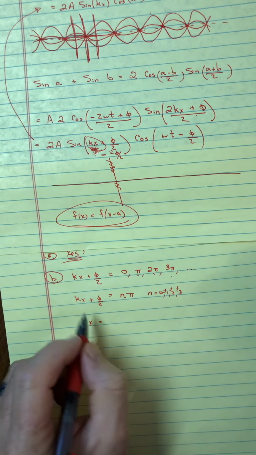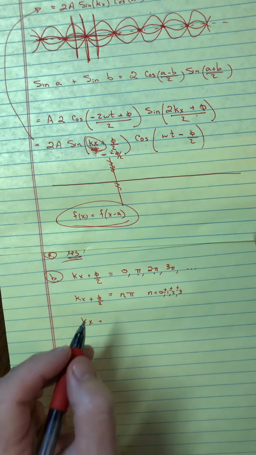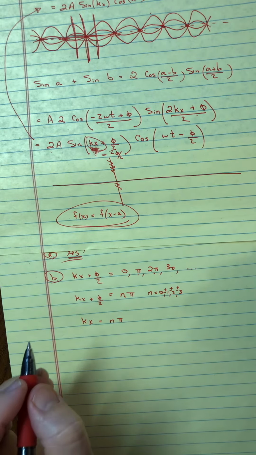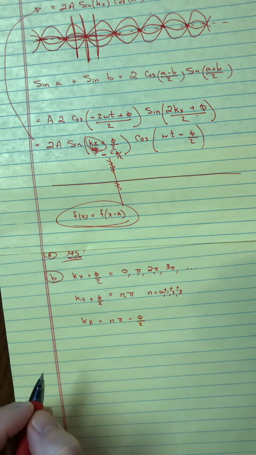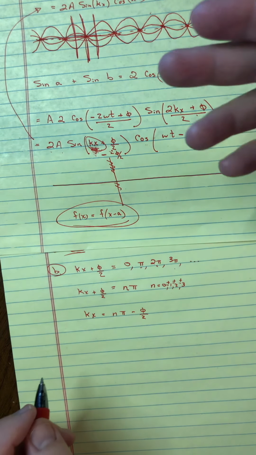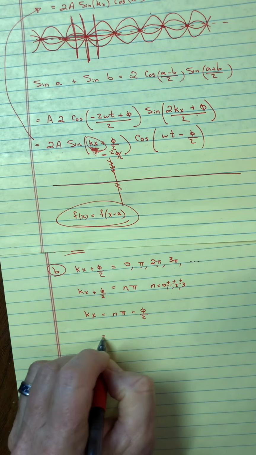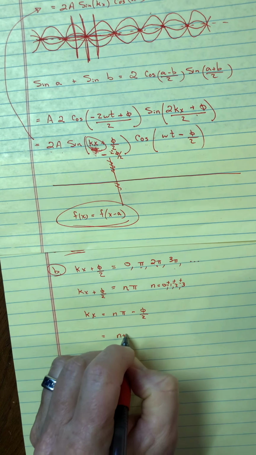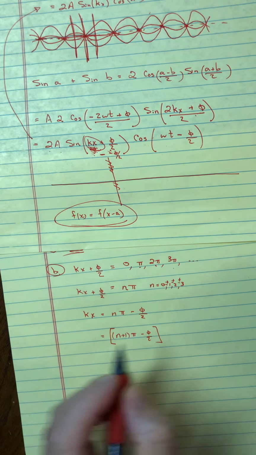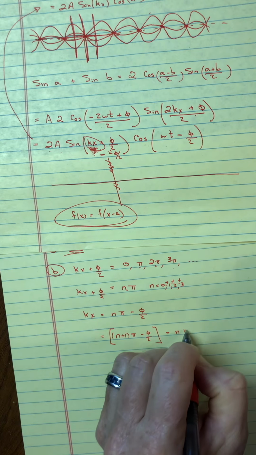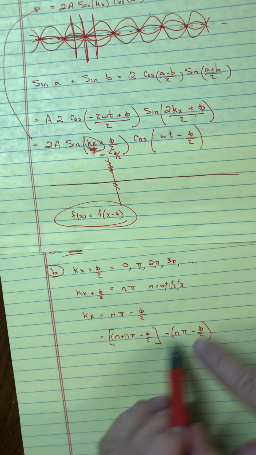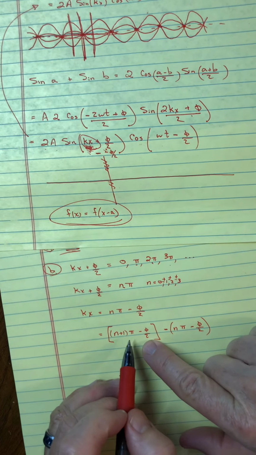We're looking for the shift in x when it goes from one node to another, so at n plus 1 pi minus phi over 2, and the one previous to it, n pi minus phi over 2. That's the difference between one node and the next.